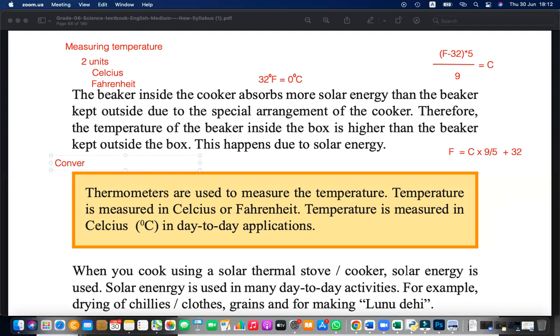Converting, but don't worry, this won't be tested. Celsius to Fahrenheit and Fahrenheit to Celsius.